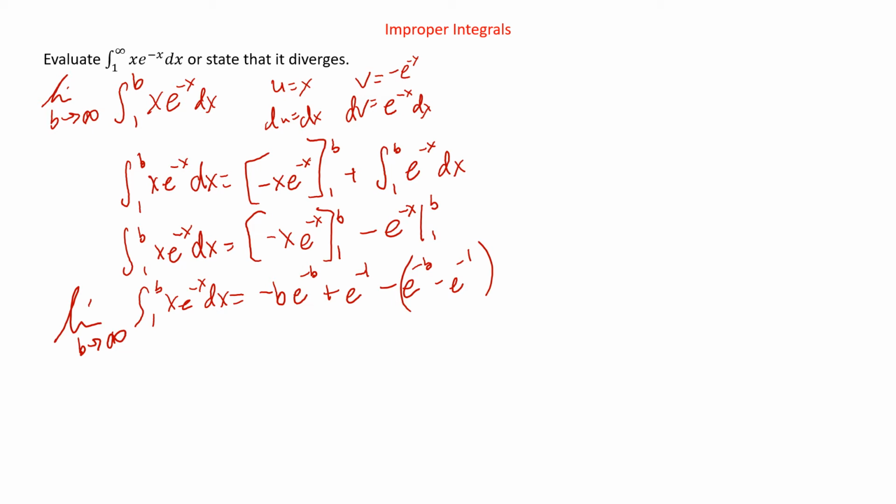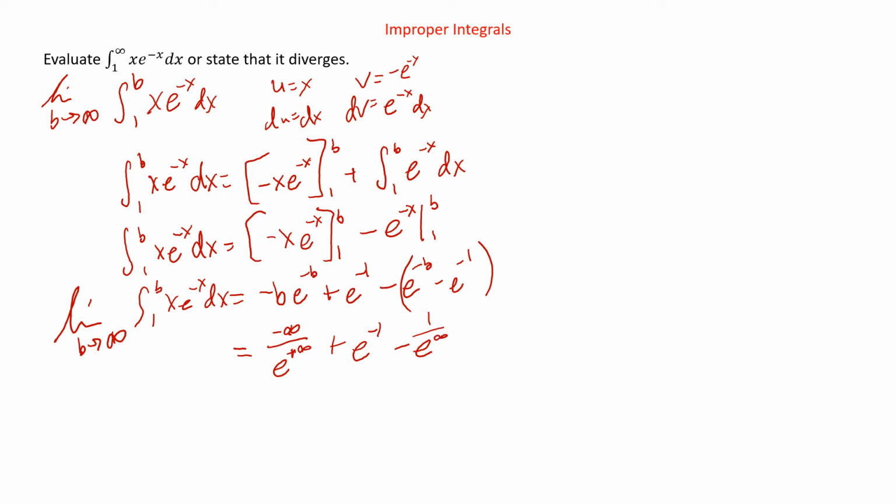And when we do this, we get negative infinity over e to the infinity, plus e to the negative 1, minus 1 over e to the infinity.